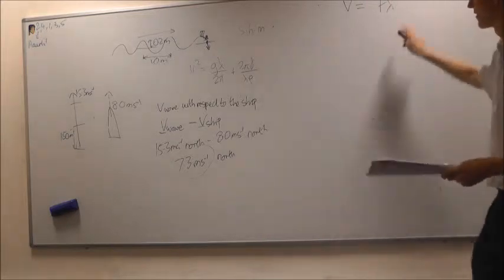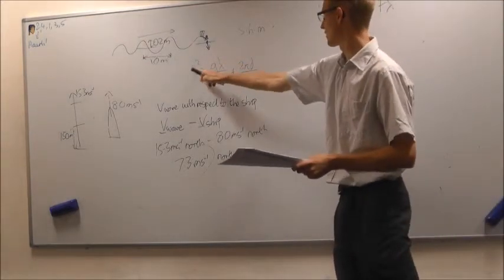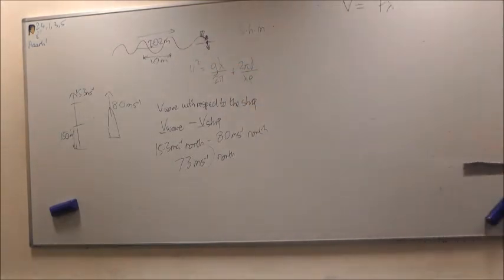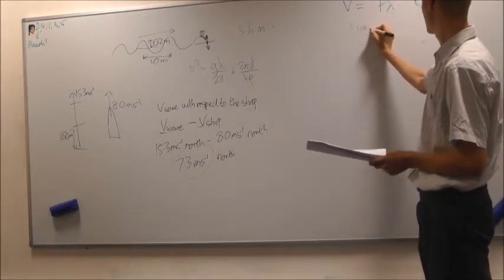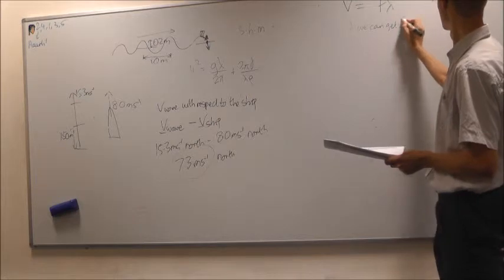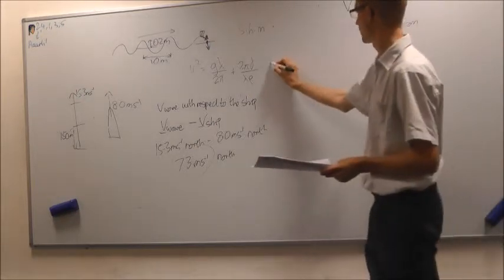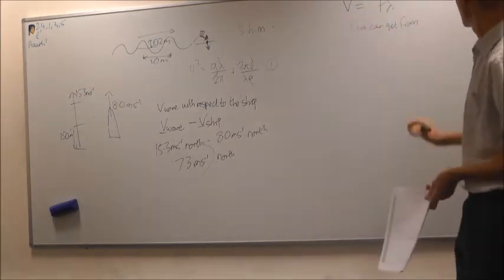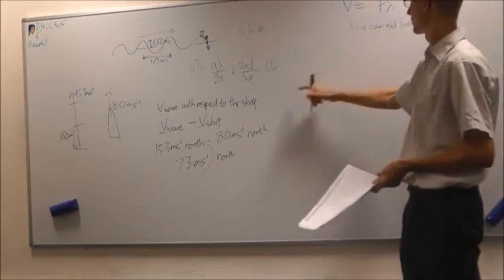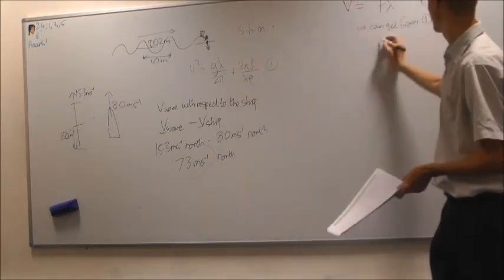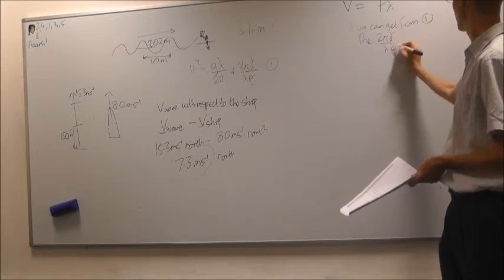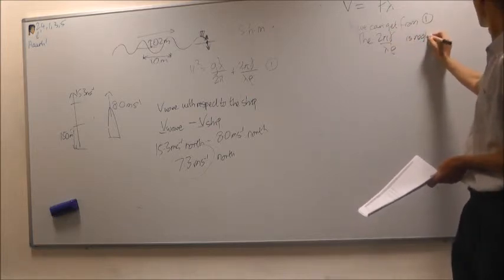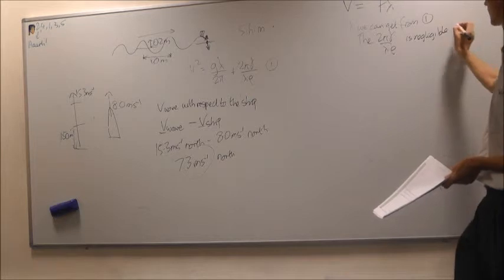Wavelength, well, we know velocity, we can find wavelength. So lambda we can get from equation 1. Now, we've already determined that term is negligible. 2 pi gamma over lambda rho is negligible. Just get rid of it, it doesn't come into it.